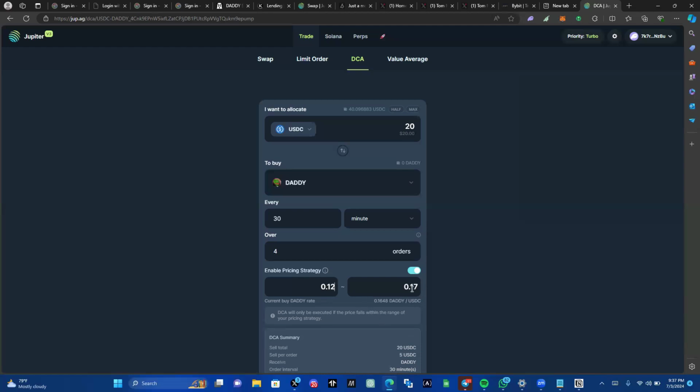This is the price range. So it will buy in the range of 0.17 and 0.12. If it's 0.14, it can buy, 0.15, it can buy, 0.16, it can buy. But if it's 0.17, it should stop buying. You understand?